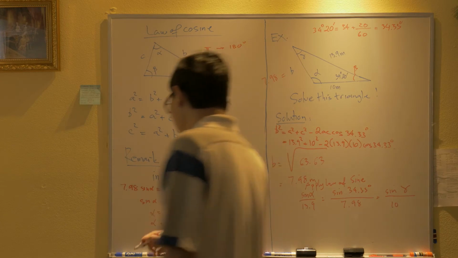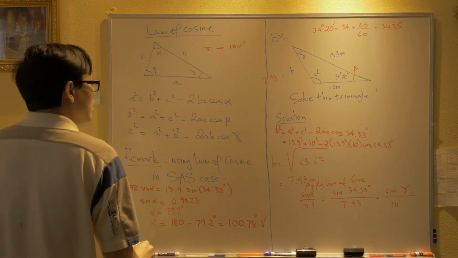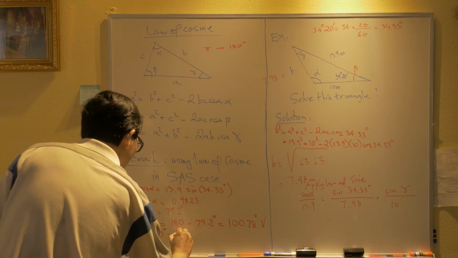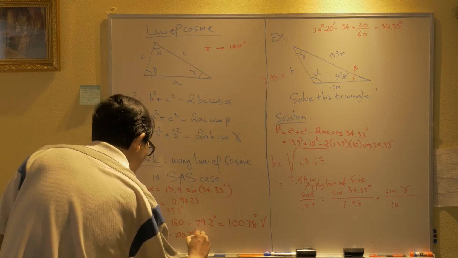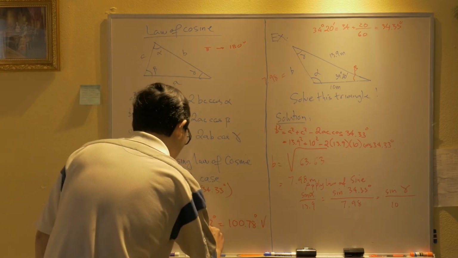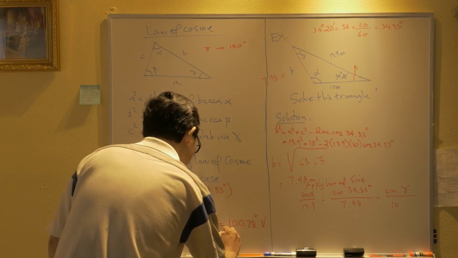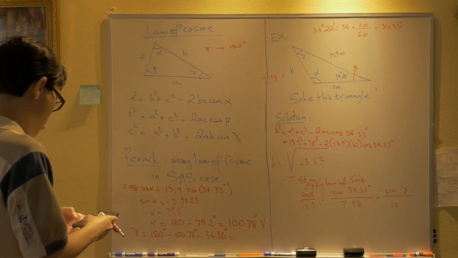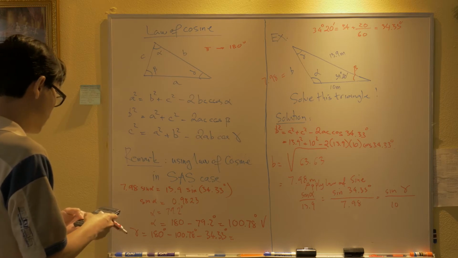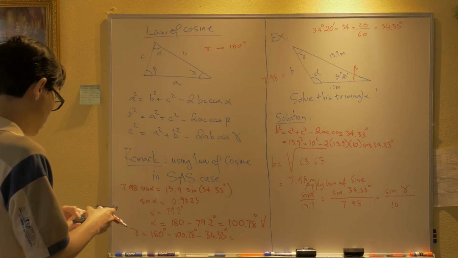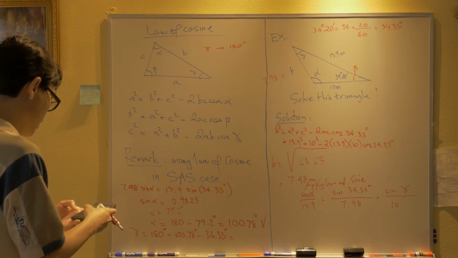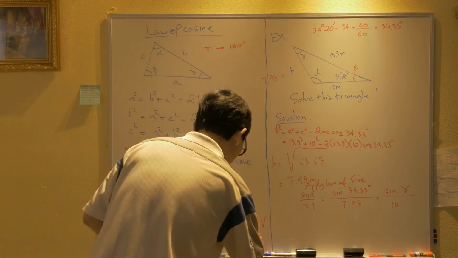So from here I can get gamma is 180 minus 100.78 minus 34.33 degrees, which gives you 45 degrees.